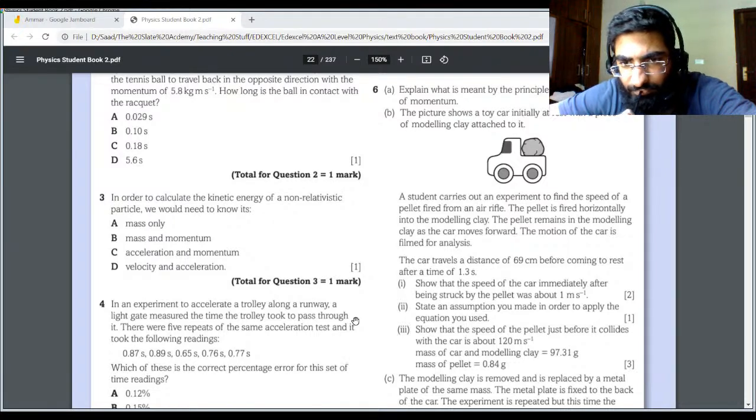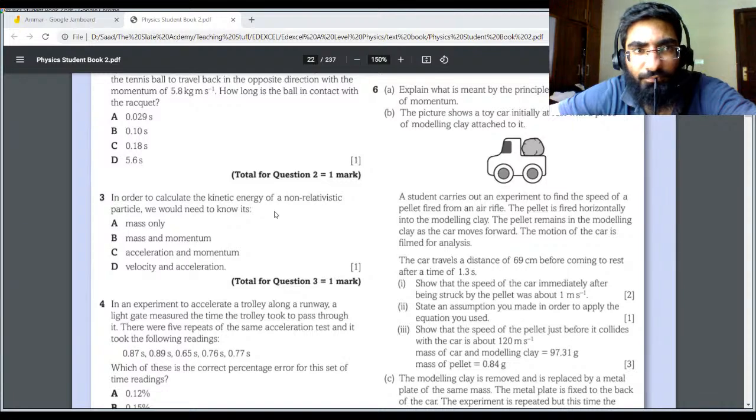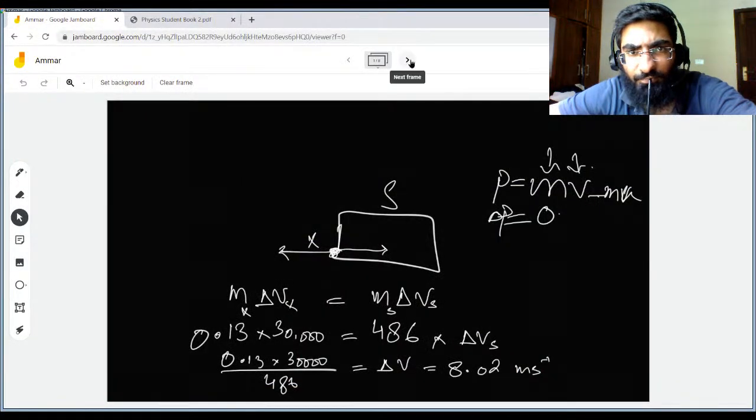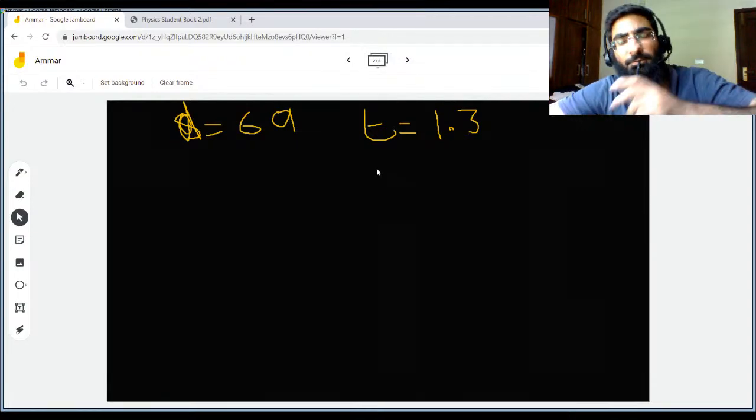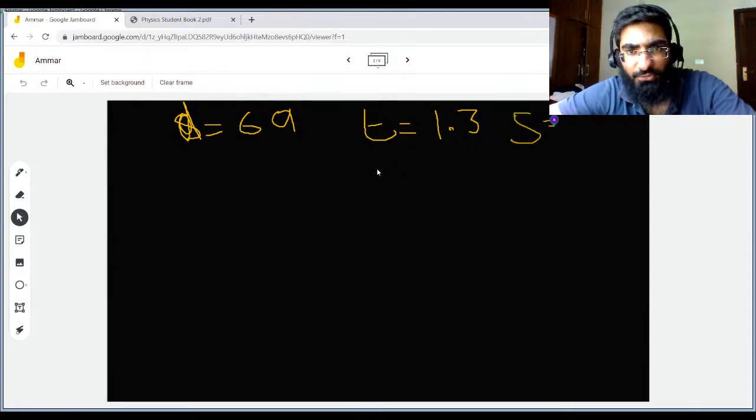We need speed. Speed is equal to distance by time. 69 divided by 1.3 is what? 0.69 divided by 1.3, you will have 0.53.